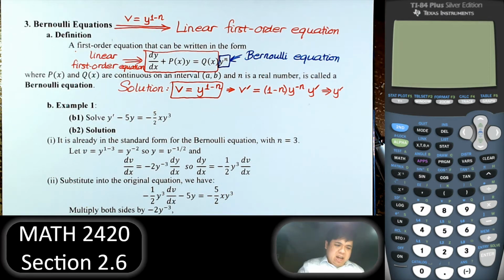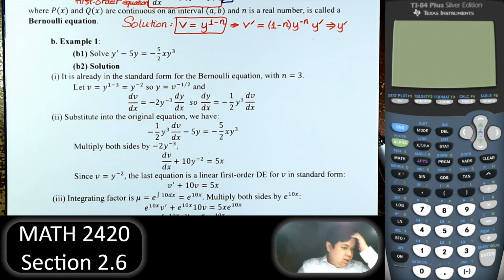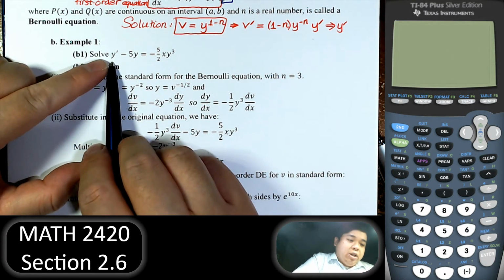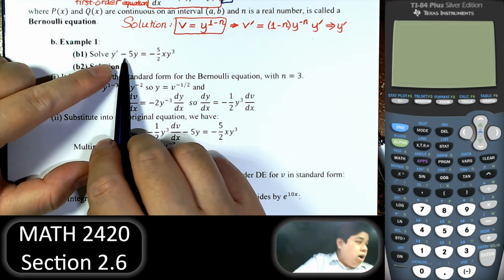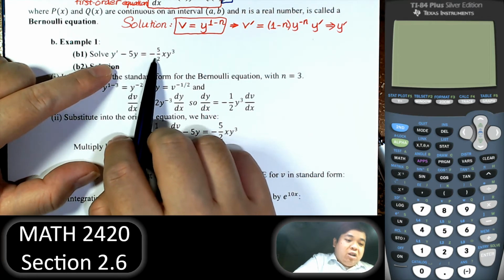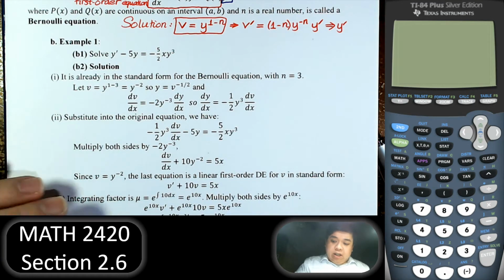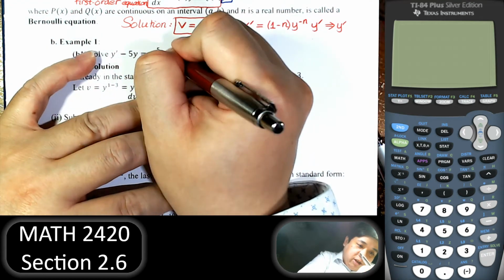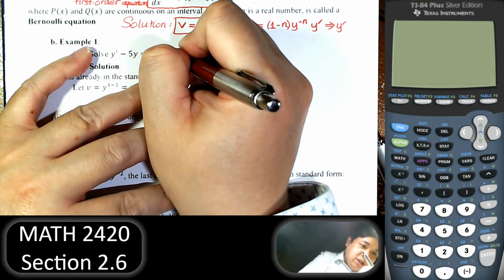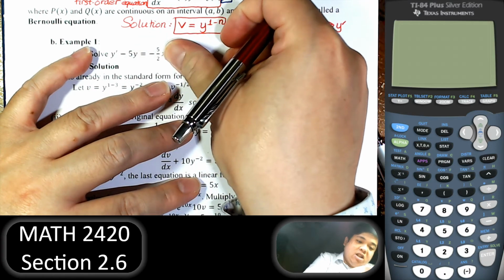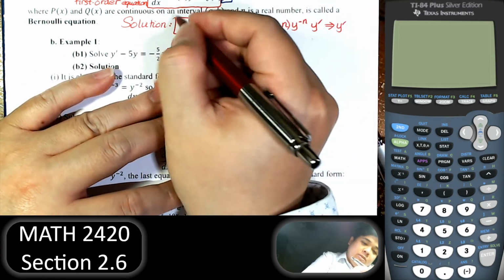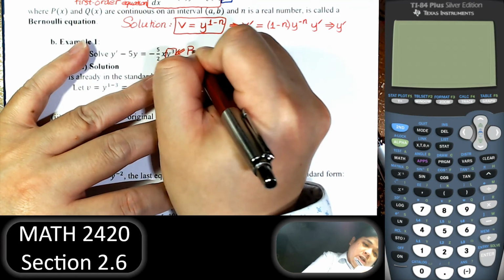Right, so let's see how it works. Let's solve this equation. y prime minus 5y equal to minus 5 over 2x, y cubed. So notice that in this equation, the y cubed makes it a Bernoulli equation. Without it, it is just a linear first order equation. So this is Bernoulli equation.